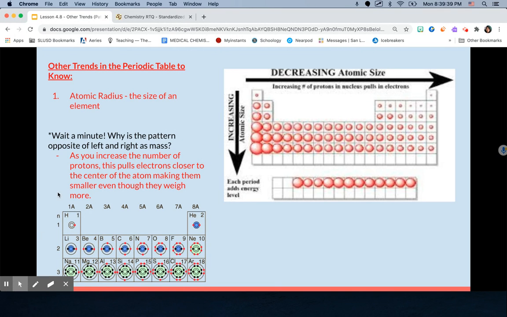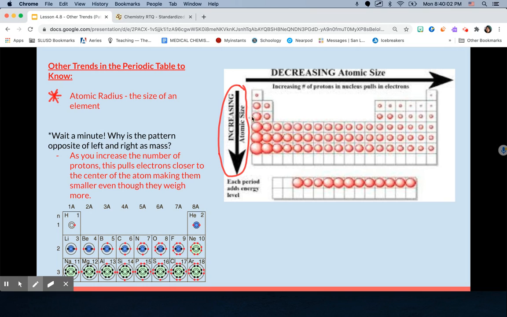So the final trend you need to know is atomic radius, right? Definitely know that atomic radius is just the size of an element, how big it is. The trend of atomic size or atomic radius gets bigger as you go down.